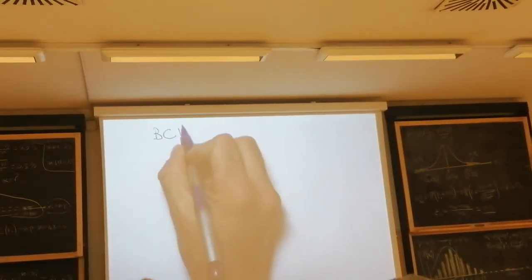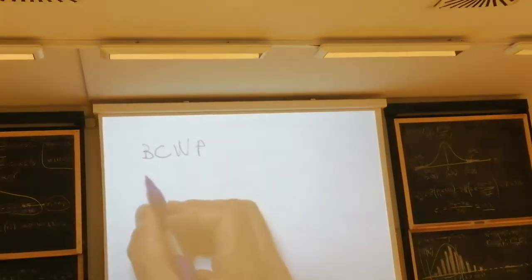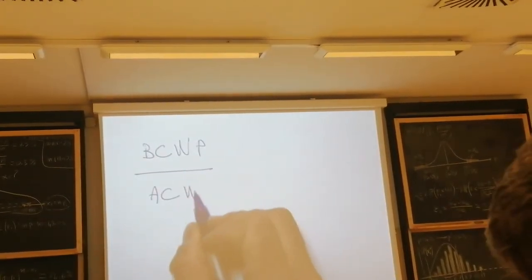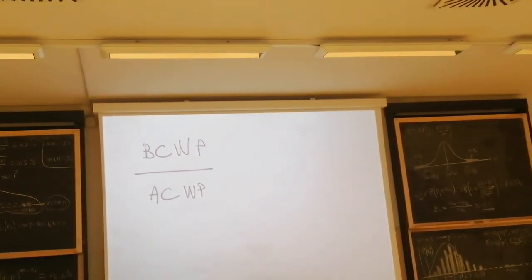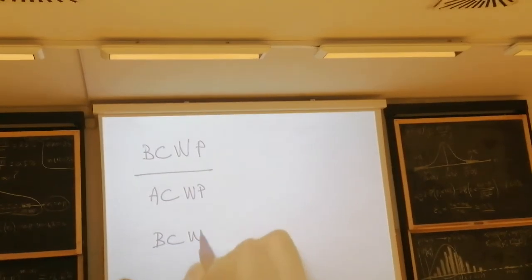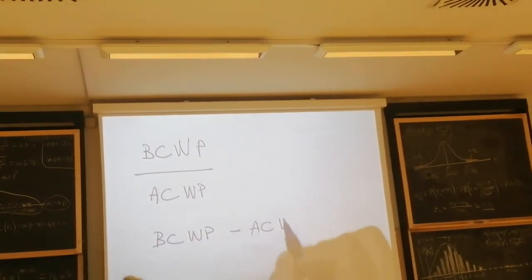So if I understand what you do, let's compare the earned value, which is defined as the BCWP, earned value, to the actual cost of the work performed. This could also be done by deducting. So I could also write BCWP minus ACWP.